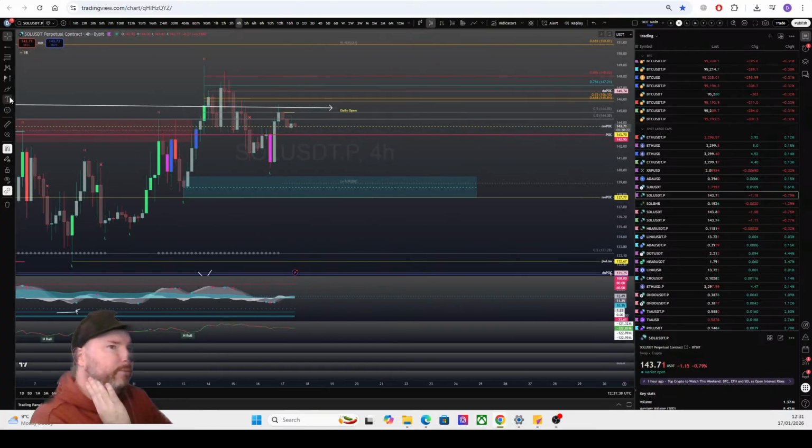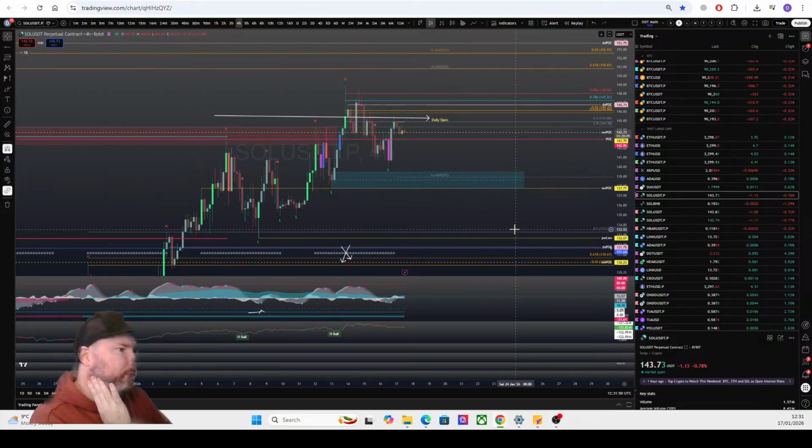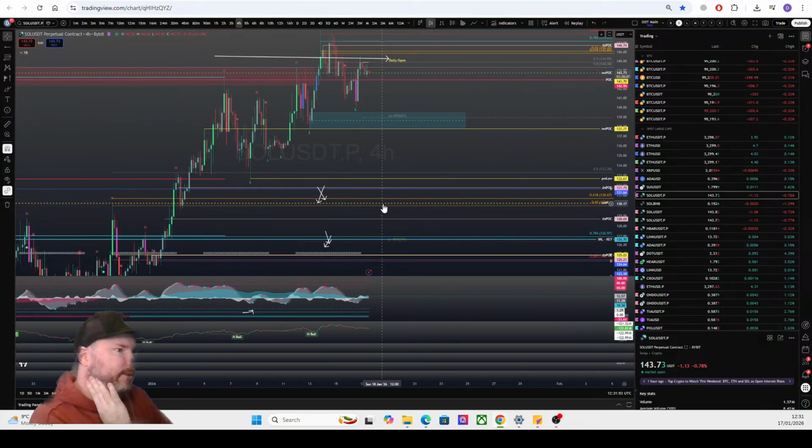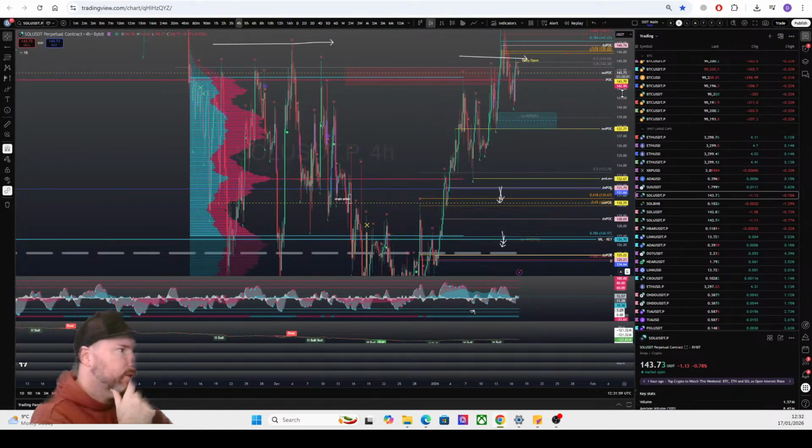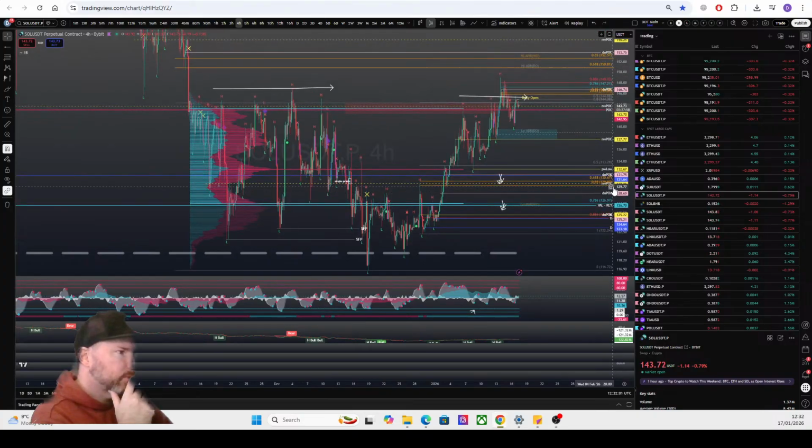So what's your next objective? Locally I'm looking at 137-ish into this 4-hour order block and the naked weekly point of control from last week. Otherwise we're looking at 130 to 132 POC as well, the bottom of the range.